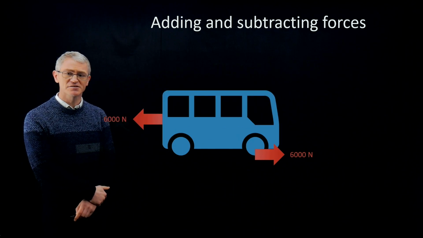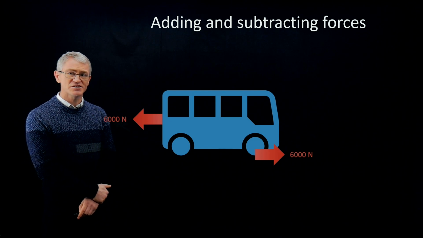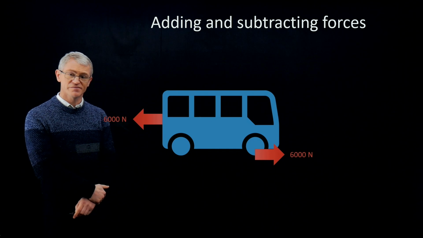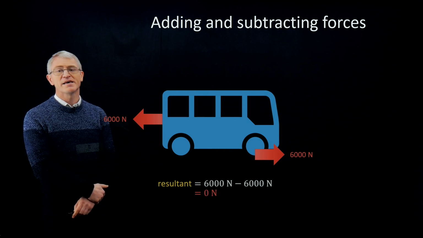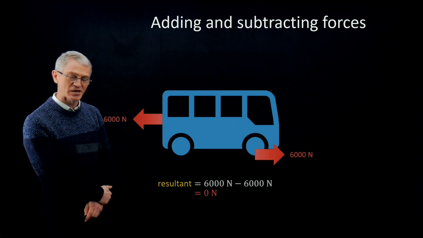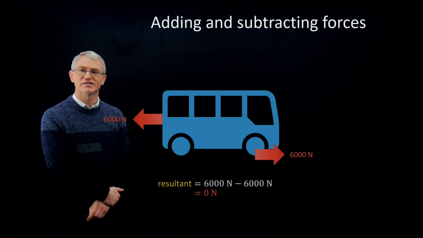Let's look at this bus. The bus has got an air resistance of 6,000 N and a thrust going forward of 6,000 N, so overall it is 0 newtons. Looking at things like this, it can be one of two things, and we'll talk about this later in another video.